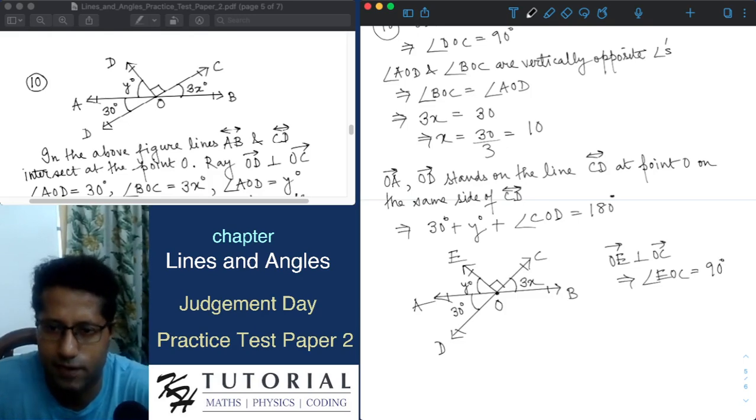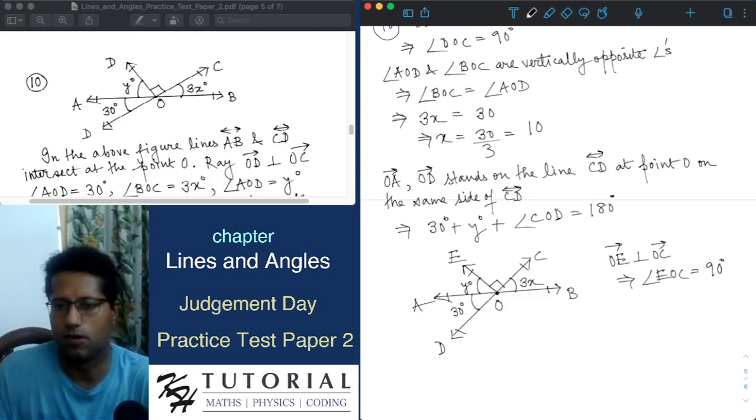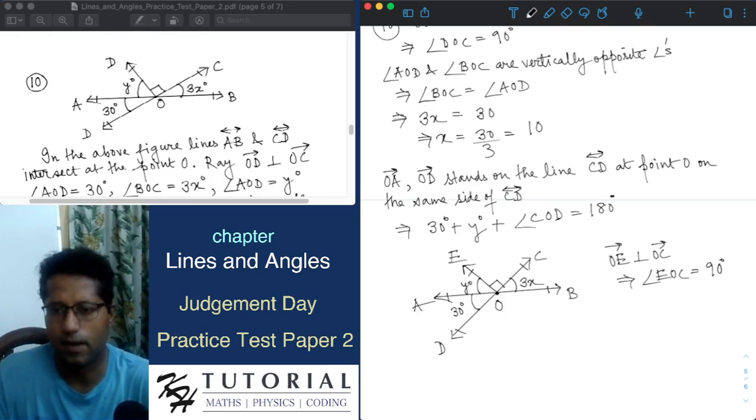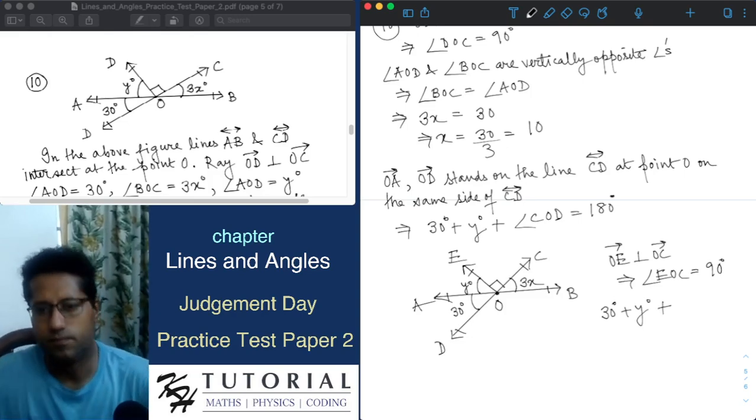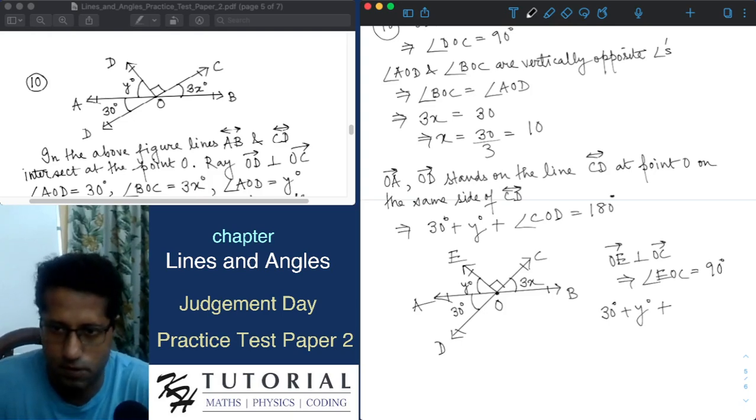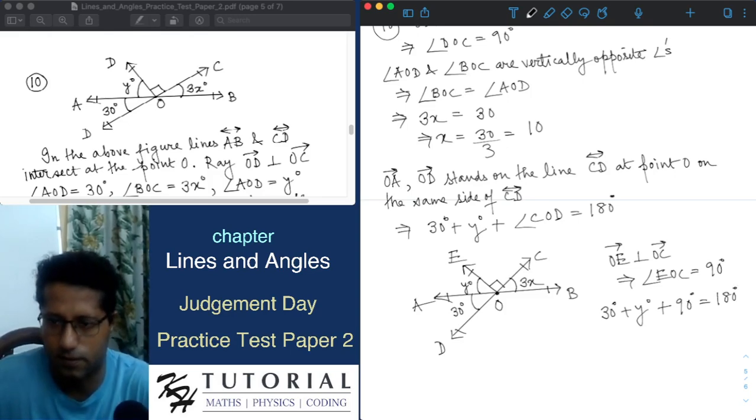Now also we can see that angle 30 degree, that is angle AOD, and angle AOE and EOC are on the same side of the straight line CD. So this implies we can also have 30 degree plus y degree plus the angle EOC, that is 90 degree, is equal to 180 degree.